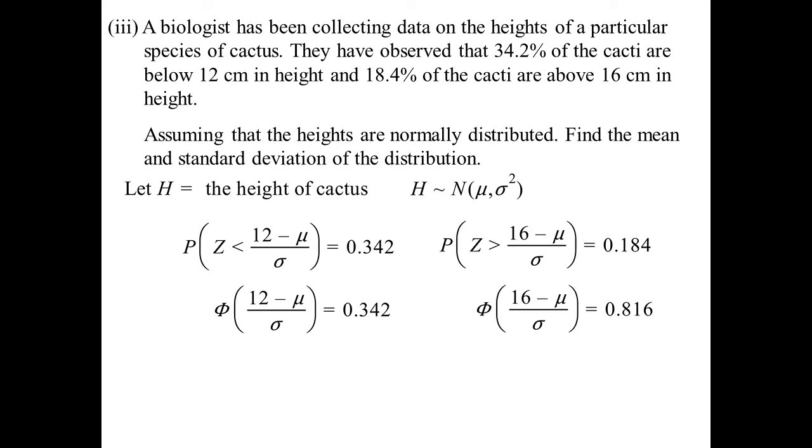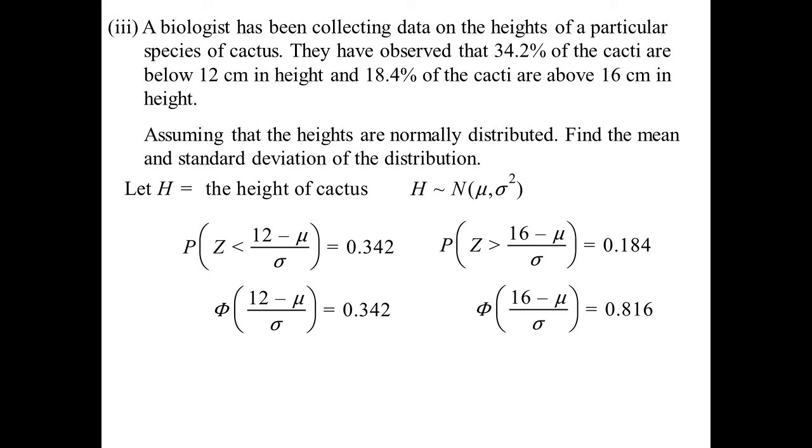Now, once again, 0.342 is less than 0.5. So in the table, I need to look up 1 minus 0.342, so I need to look up 0.658. We want to know what gives an answer of 0.658.